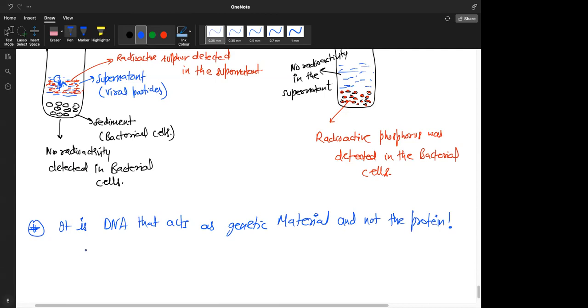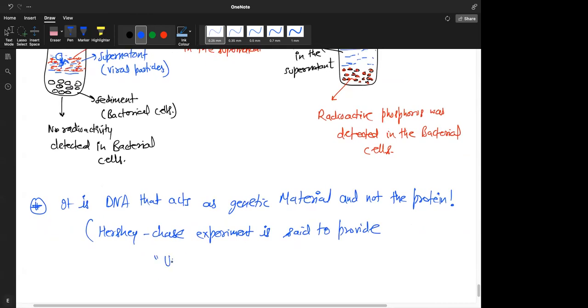And this experiment, the Hershey Chase experiment, is said to provide the unequivocal proof.